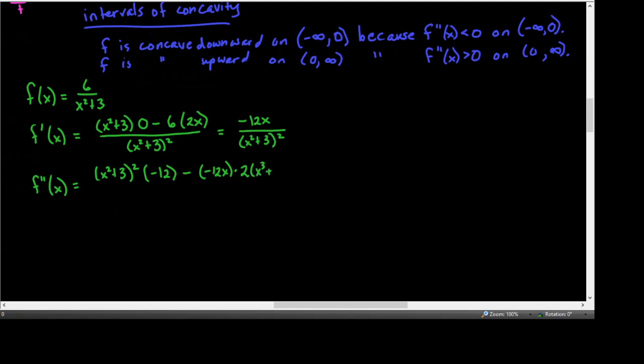Oops. Put the 3 in the wrong place. To the reduced by 1 power times the derivative of the inside function, which is 2x, all over the square of low.